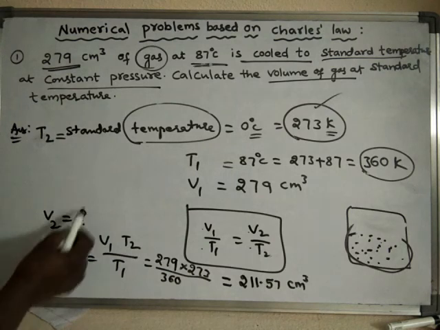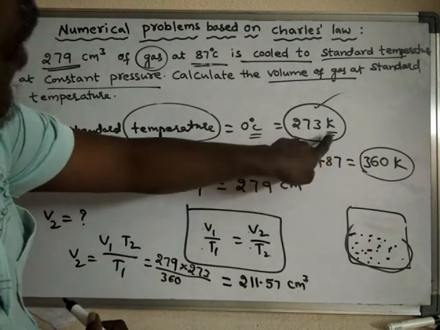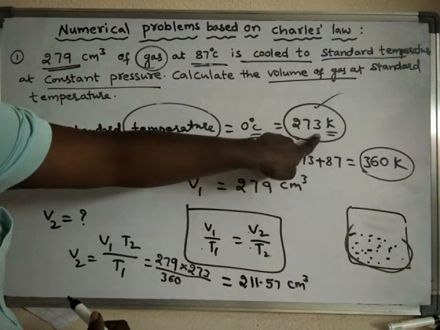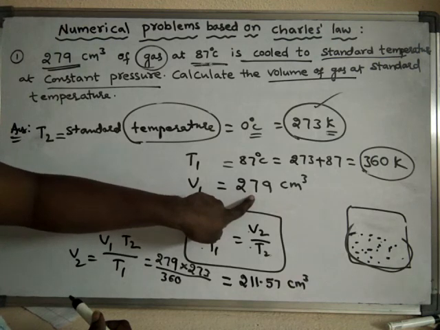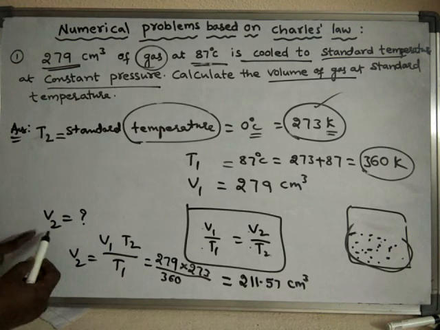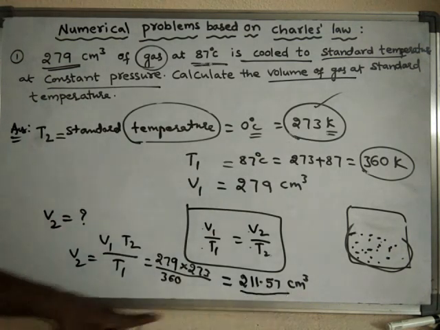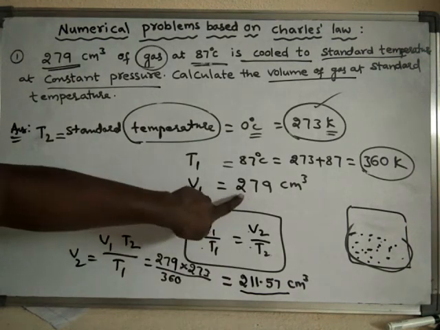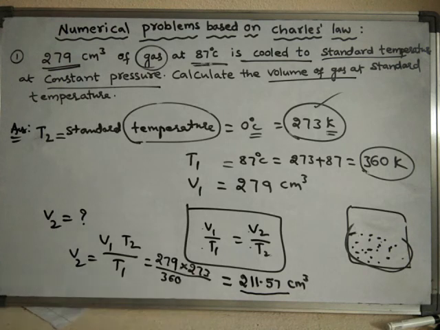Now the volume of the gas before was this much, and now it is cooled to standard temperature. When the gas is cooled to 273 Kelvin, the new volume of the gas is this much. So the volume is decreased from 279 to 211.57.